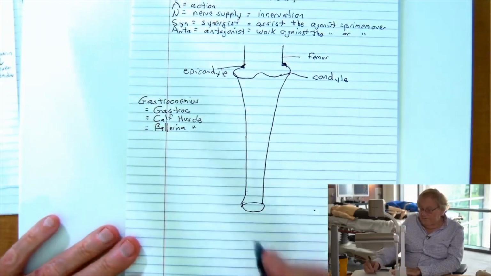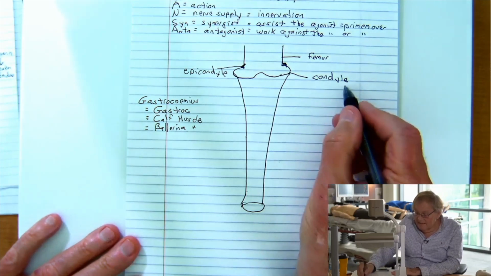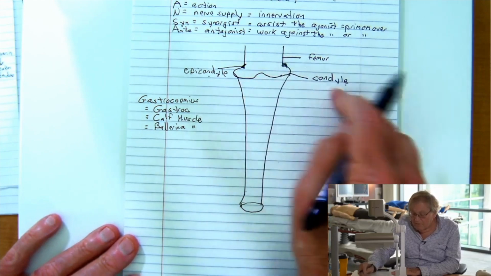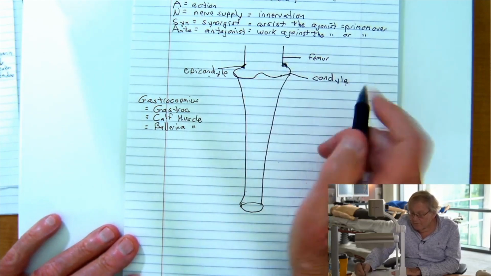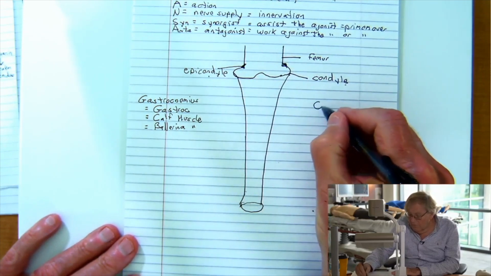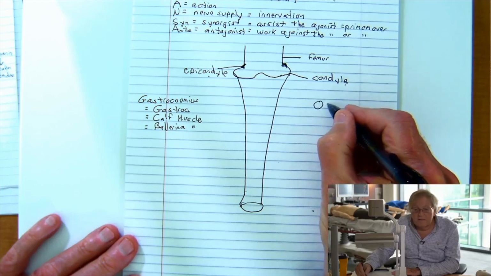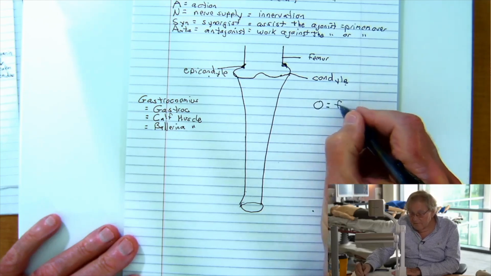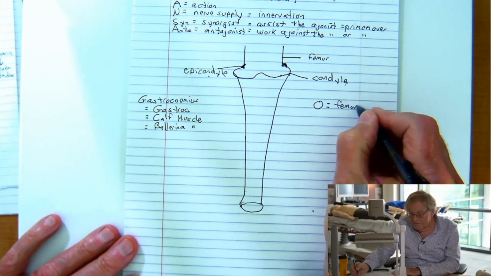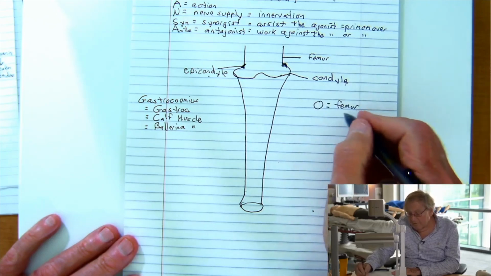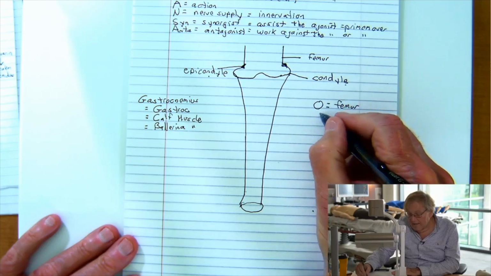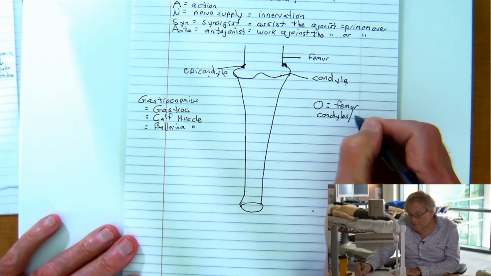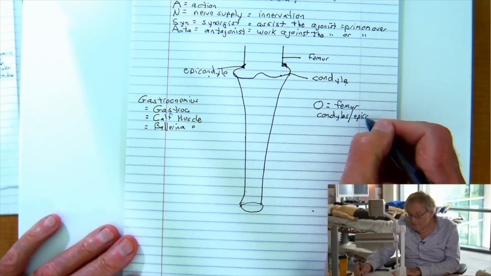This again is going to be the condyle and the epicondyle. Both of these are going to be what are called the origins. So the O, or the origins of the gastrocnemius, is going to be the femur. Specifically, it's going to be the femoral condyles and epicondyles.